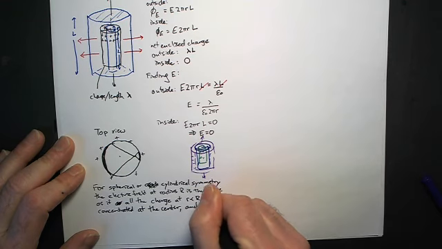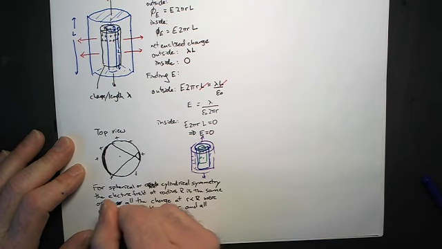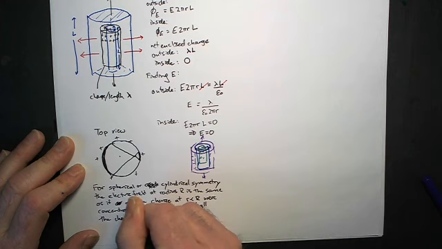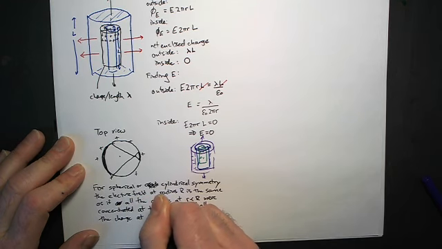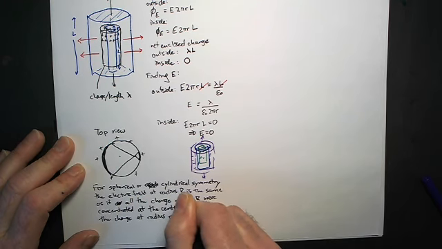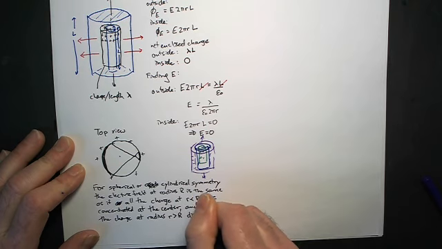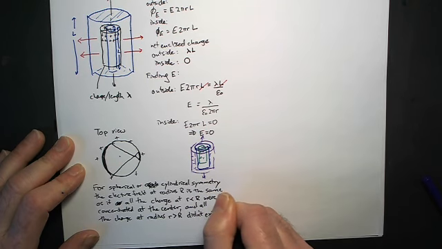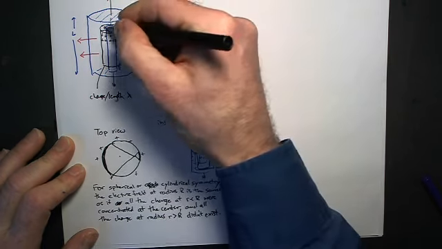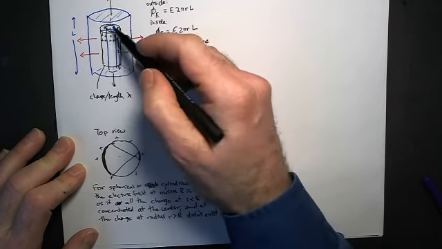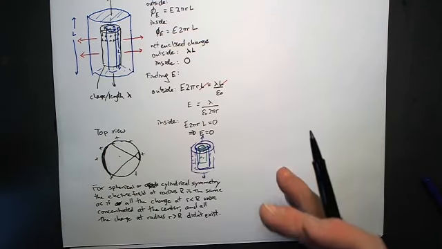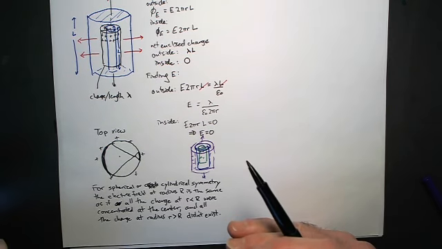And all the charge at radius little r greater than capital R didn't exist. Because we saw that, let's say for this small blue cylinder, the charge that was outside of it didn't contribute any net electric field.